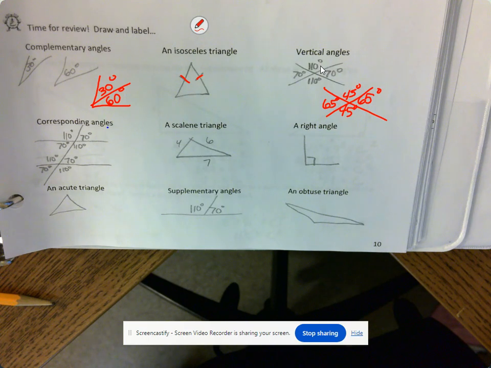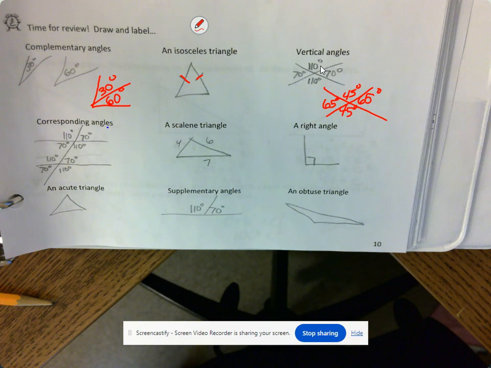Yes or no? You don't know? Okay. I want you to decide yes or no, thinking about what I just talked about with the angle measurements I put and why I picked them.